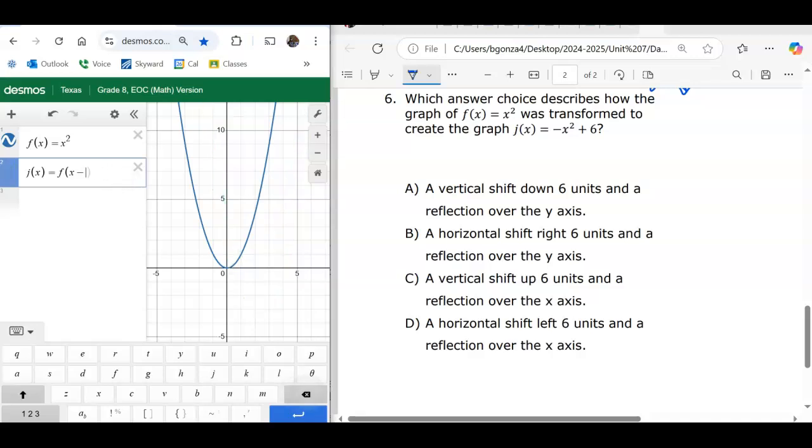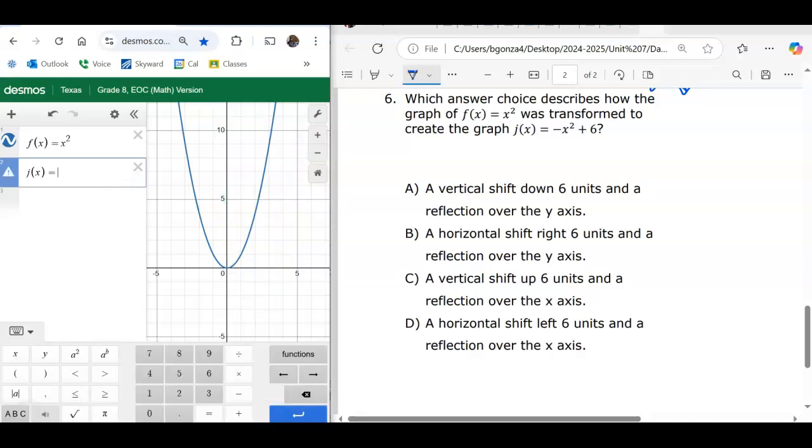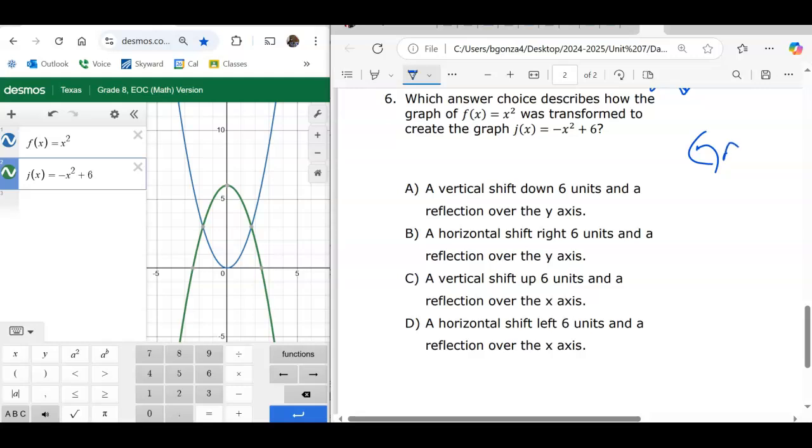Let's get that going here. Okay, so we start off with x squared. So again, you want to graph both in Desmos. So I got x squared, I got negative x squared plus 6.